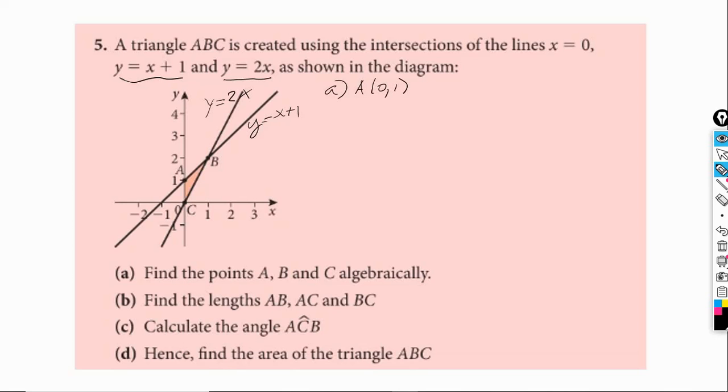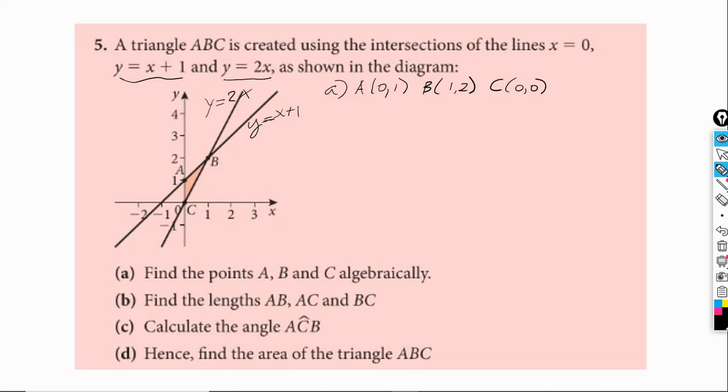Point B lies on both lines, y equals 2x and y equals x plus 1. Notice that if we plug 1 in those, 1 for the x coordinate, the y coordinate will be 2 in either case. 1 plus 1 or 2 times 1, so that's going to be B. And then point C is obviously the origin, so (0, 0).